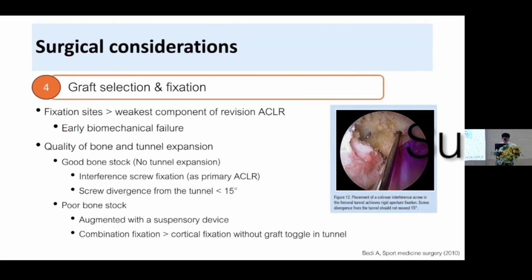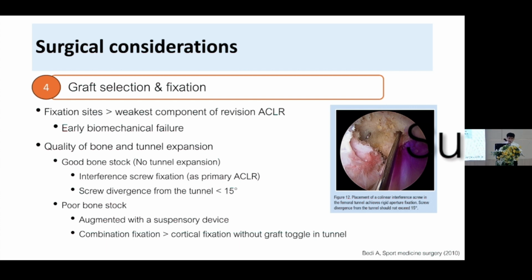The fixation site is the weakest component of the revision ACLR and a cause of early biomechanical failure. So the graft fixation site should be assessed for the quality of the bone and the relative size of the tunnel and graft to achieve adequate fixation.